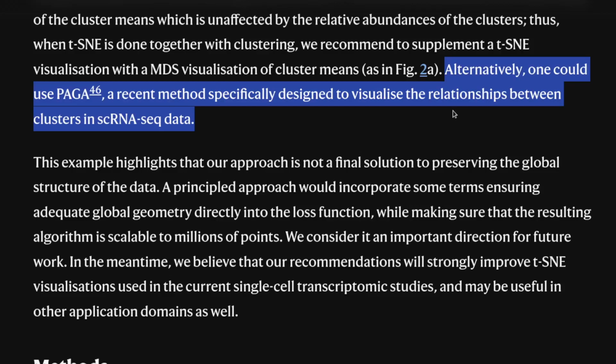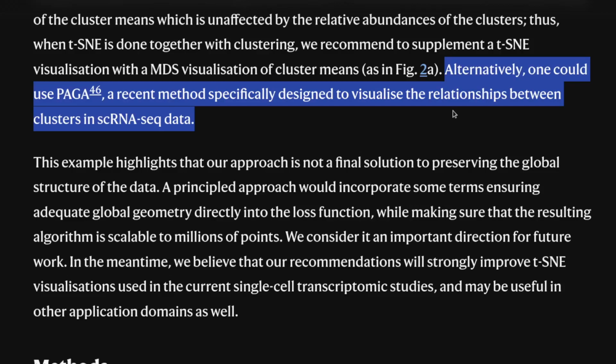For mathematical and computational convenience, symmetric SNE defines unidirectional similarities p_ij, such that the sum of p_ij equals 1, i.e., this is a valid probability distribution on the set of all pairs. The main idea of SNE and its modifications is to arrange points in a low-dimensional space such that the similarities between low-dimensional points match the high-dimensional ones as closely as possible in terms of the Kullback-Leibler divergence. The loss function is thus the KL divergence.